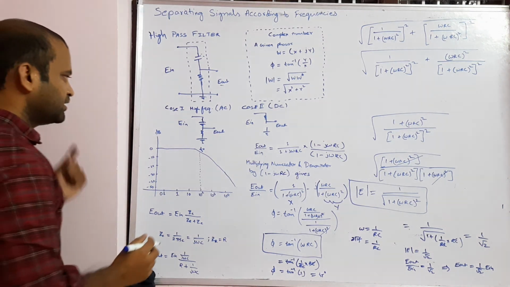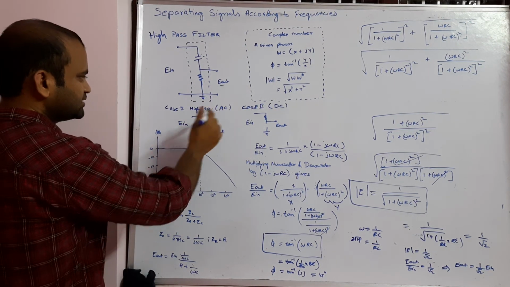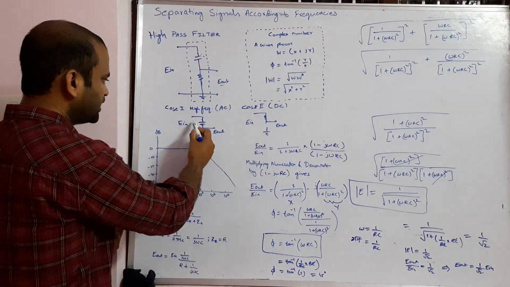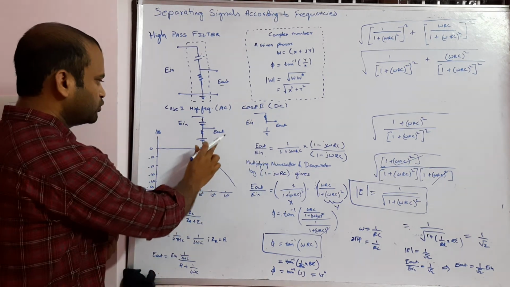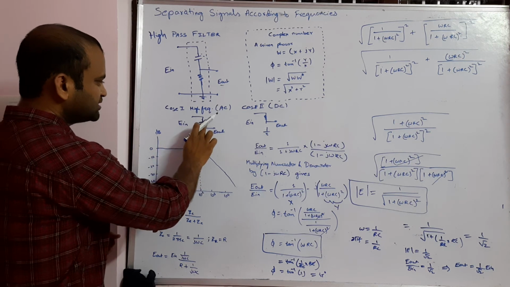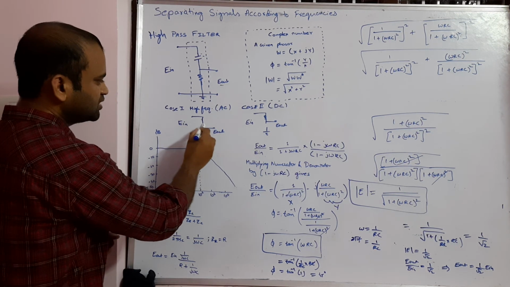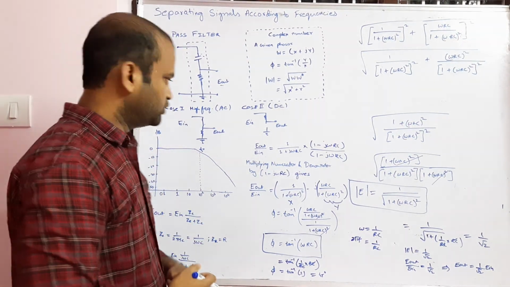Now, when you give an AC signal input, the high frequency signal is allowed to pass through this capacitor and appears at the output. Hence, for an AC signal, your capacitor acts as a short circuit, and the input AC signal will appear at the output.